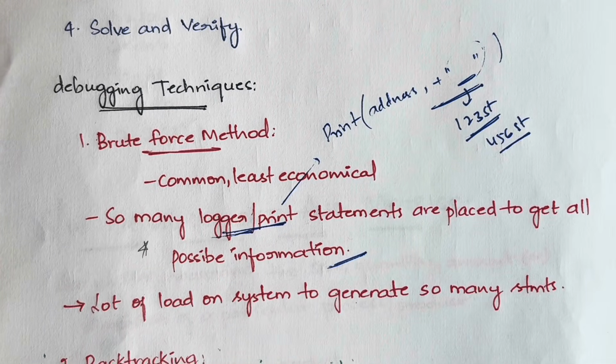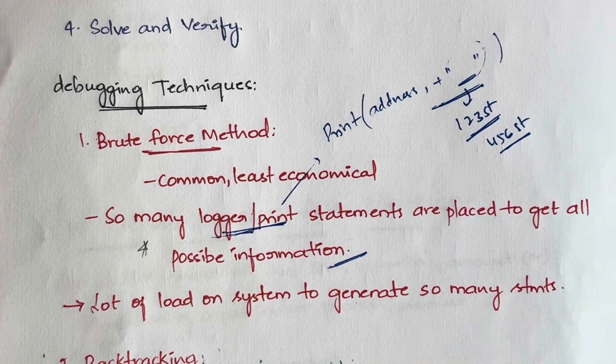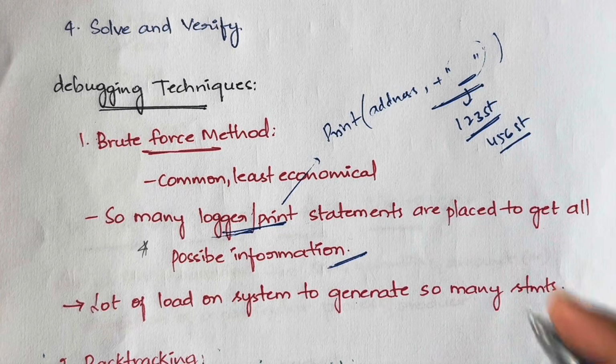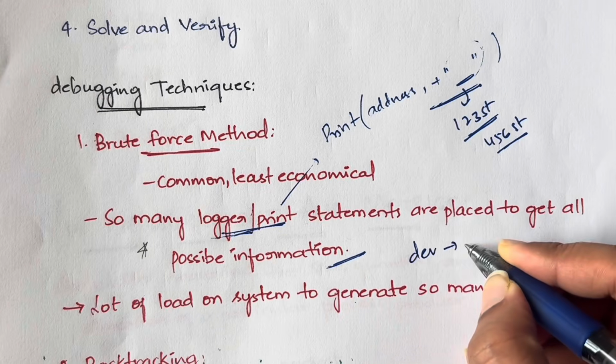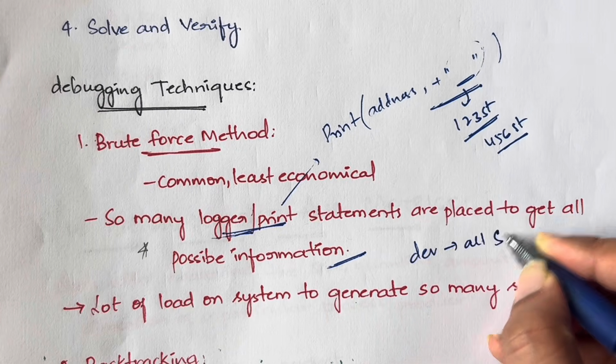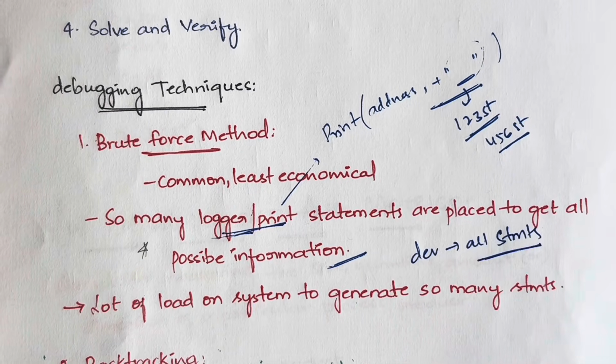Okay, and in this, what happens is you'll be putting a lot of load on the system. Why are you putting a lot of load on the system? Because you have to generate so many print statements, right? So that is definitely a lot of load on the system. And at the same time, even the developer has to go through all the print statements, all the logger statements, and then he will understand what the problem is.